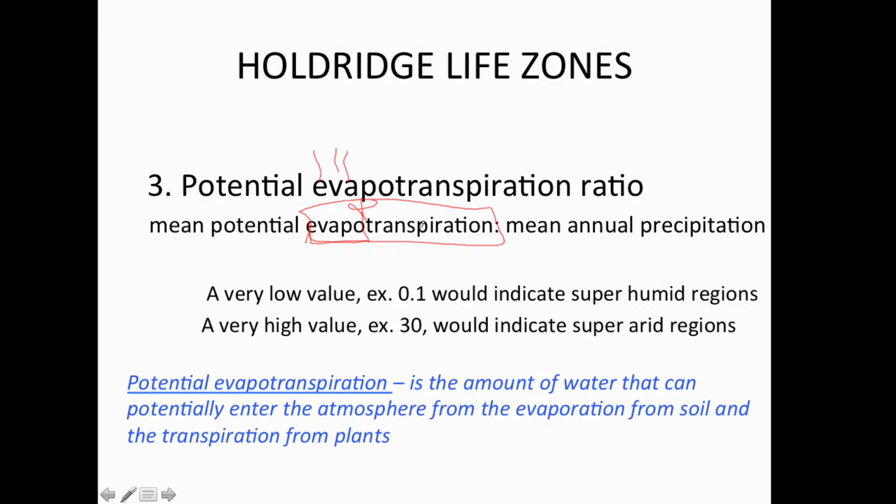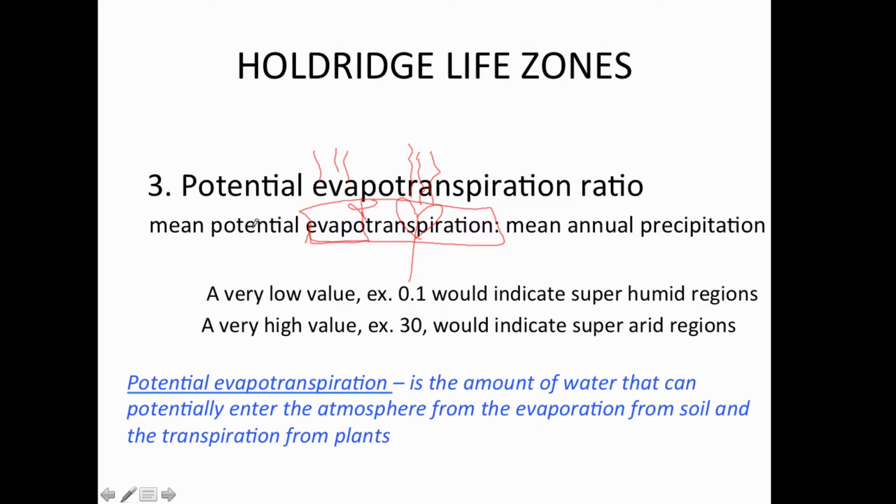And transpiration is similar, but it involves a plant. And so it's water that's traveling through a plant, and then water that will leave the plant through its leaves and go from liquid to a vapor. And so it includes both evaporation and transpiration.